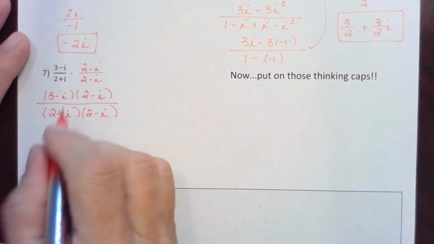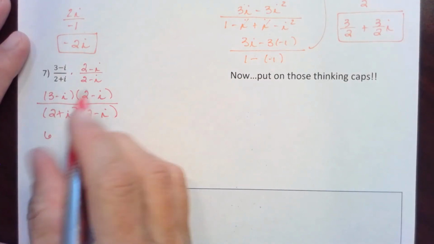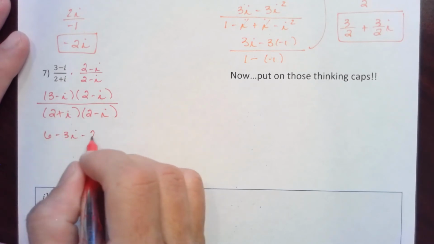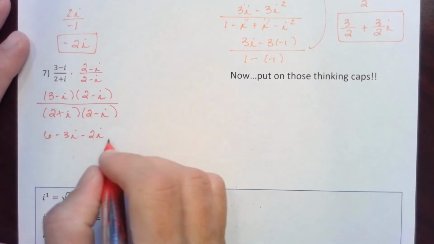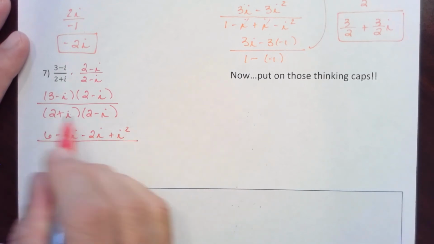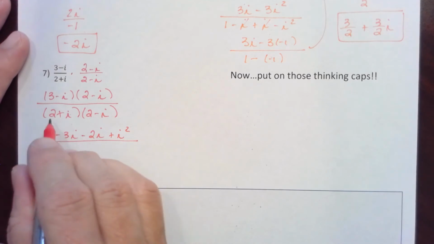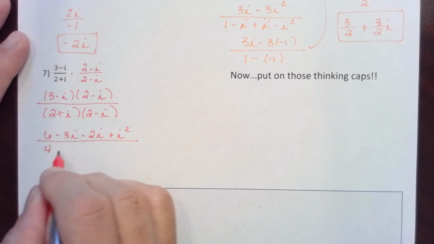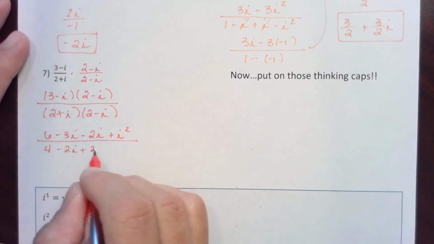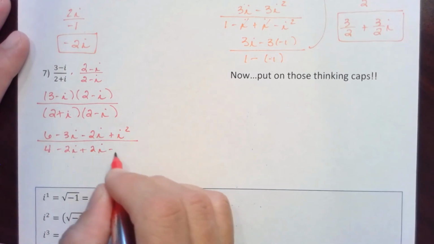Multiply 3 times 2, 3 times negative i, negative i times 2, negative i times negative i. 2 times 2, 2 times negative i, i times 2, and i times negative i.